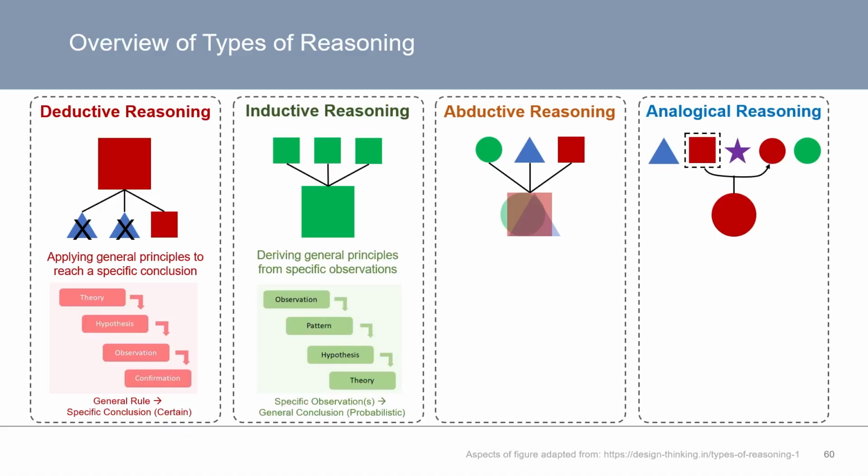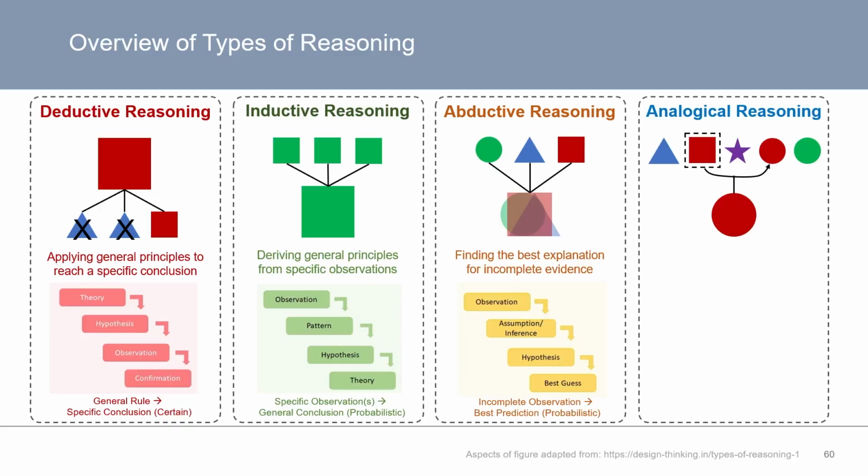Inductive reasoning, on the other hand, seeks to derive general principles from specific observations. Here we start with observations and use them to look for a pattern, and we can apply this pattern to draw a probabilistic conclusion or hypothesis that can be applied as a theory to be tested. Abductive reasoning seeks to find the best explanation for incomplete evidence. Here we begin with incomplete observations, then derive assumptions or inferences, forming a hypothesis and leading to a best guess that again is probabilistic at best.